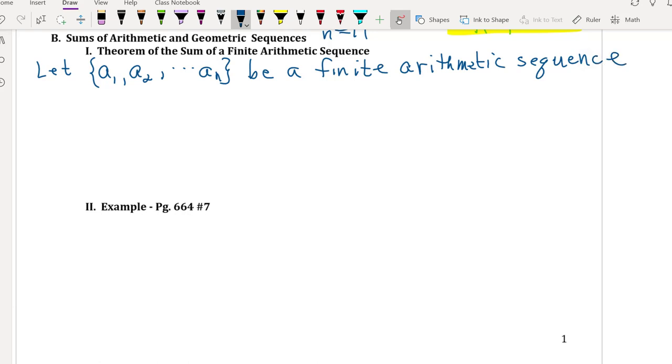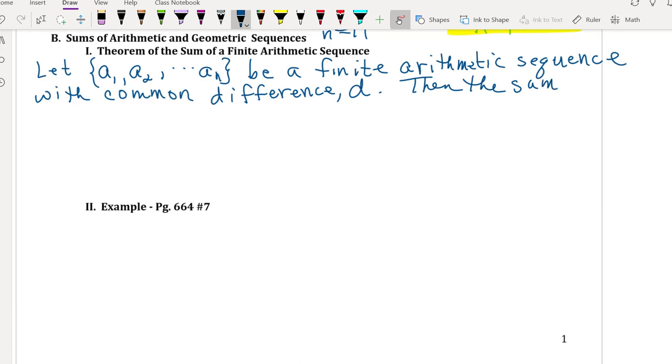With a common difference d, which is what we use for the common difference. So the sum of the terms of the sequence is this formula.